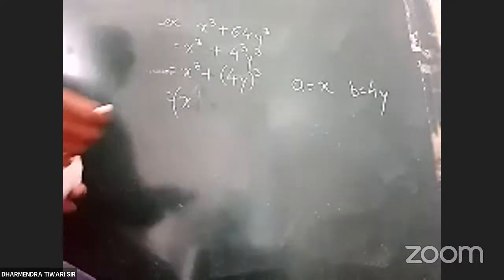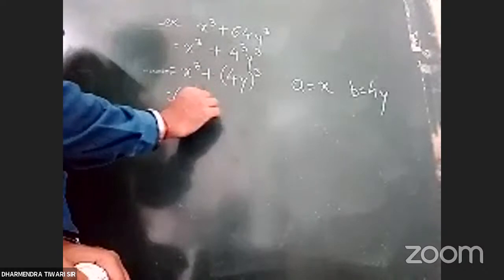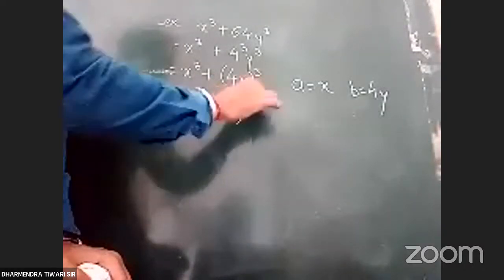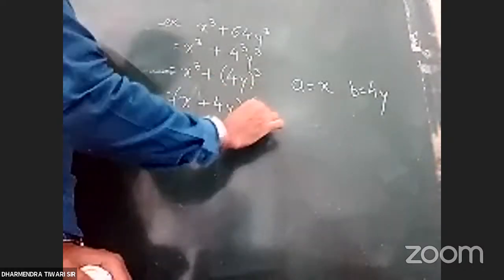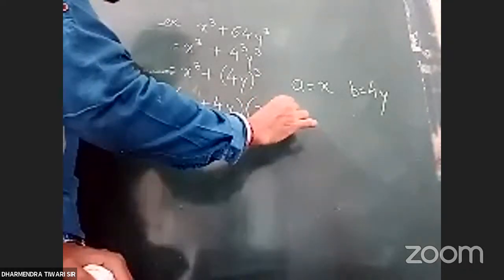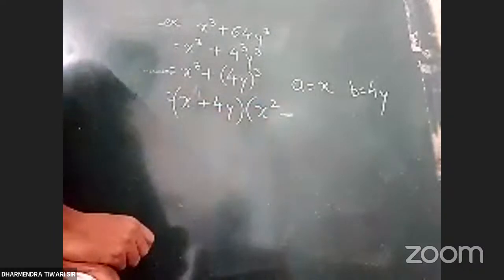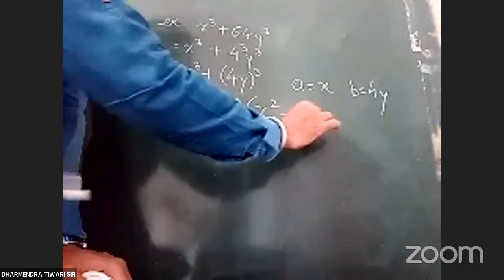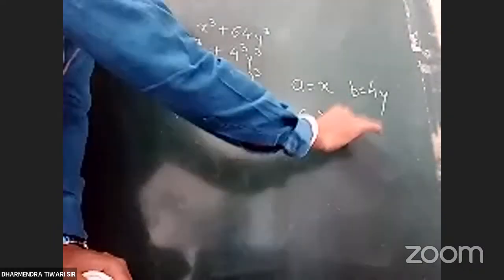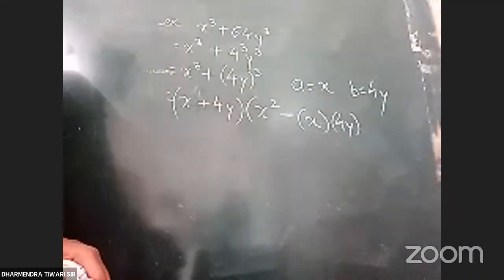Now just apply the formula. That is a plus b, that is x plus 4y, into a square minus a into b plus b square. What is your a? a is x and b is 4y, so plus 4y square.